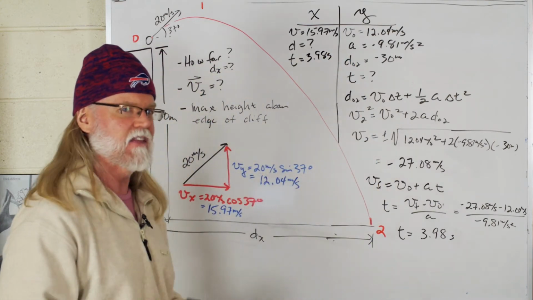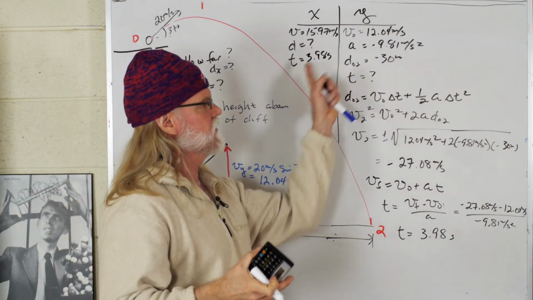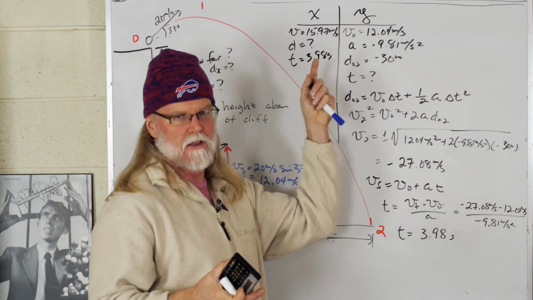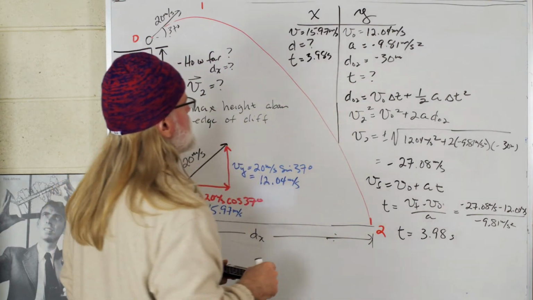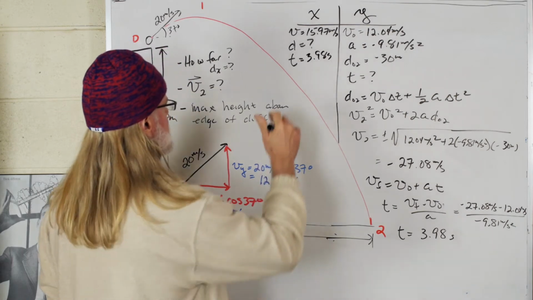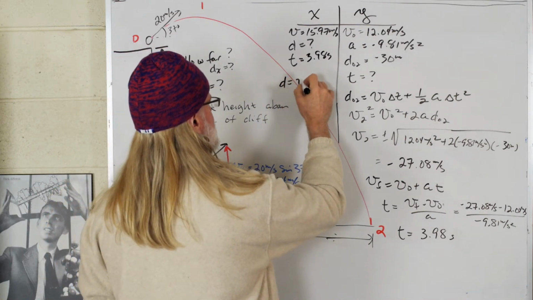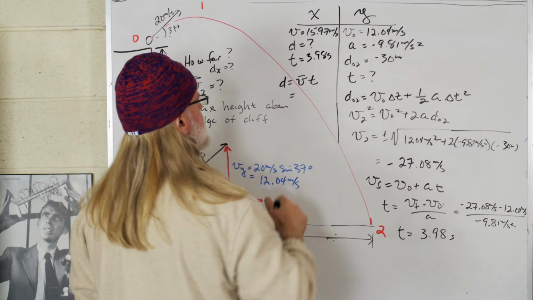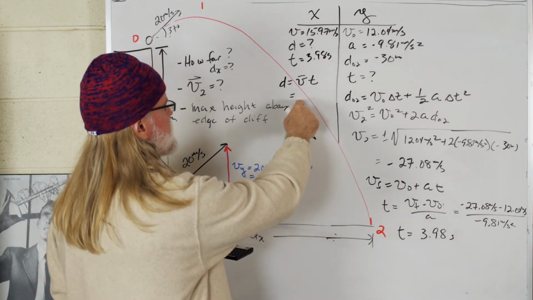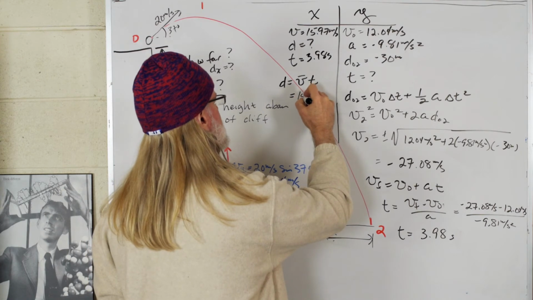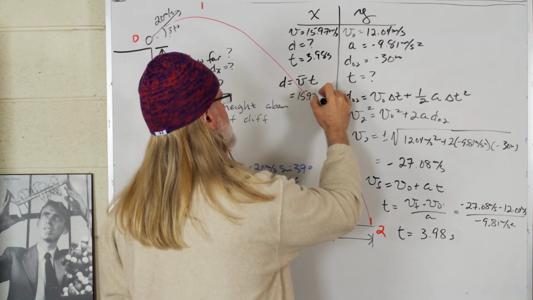Remember, that's the only thing they share is time, because this is actually the same motion. When one stops, the other stops. But everything else stays separate. So the distance equals average velocity times time. I'm not going to fill this in. Well, I better, because otherwise people will start doing this on the test.